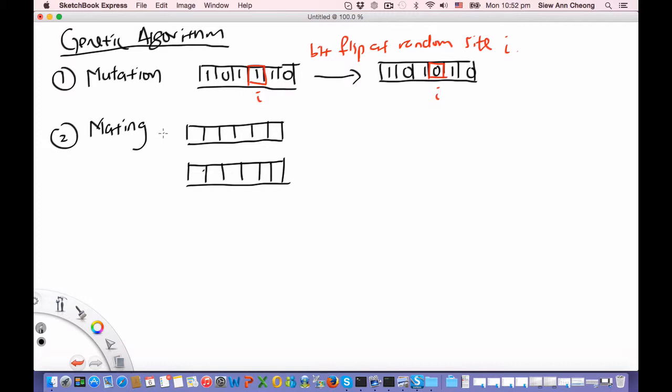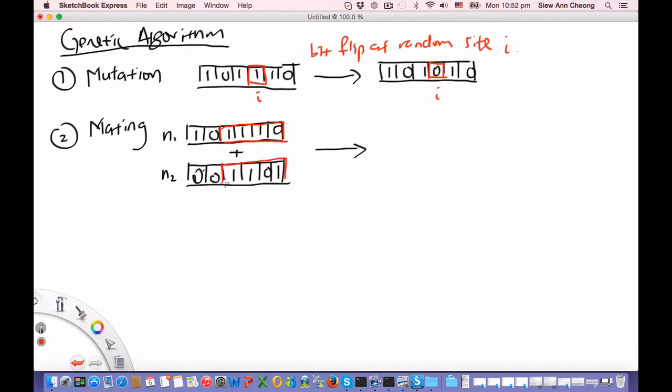Let's call these two strings N1 and N2, and let's say this is 1 0 1 1 1 0, and this is 0 0 1 1 0 1. These two mate. What you do is you decide on where the gene exchange is going to happen.